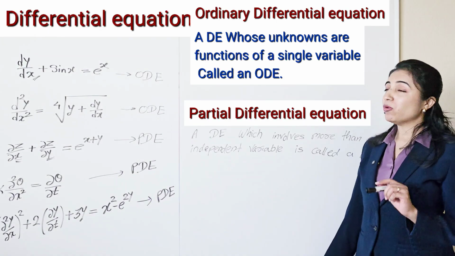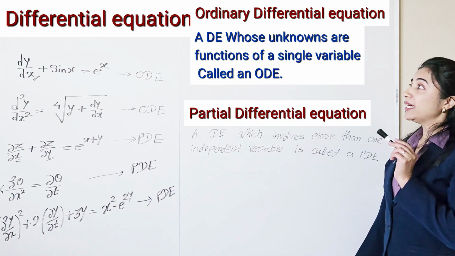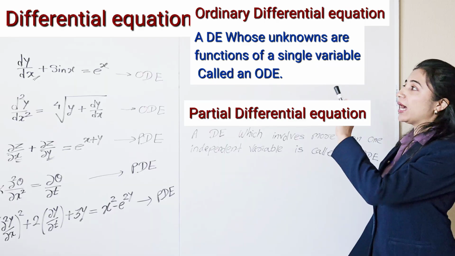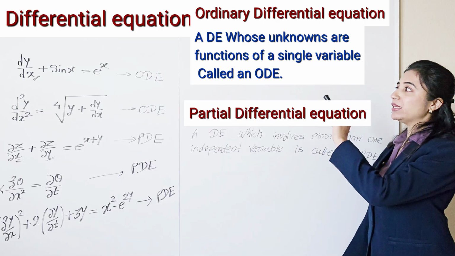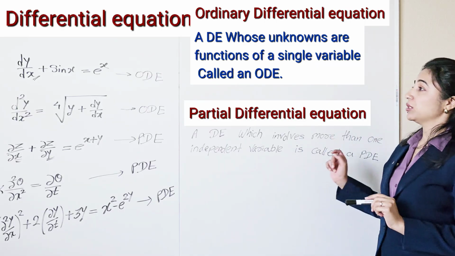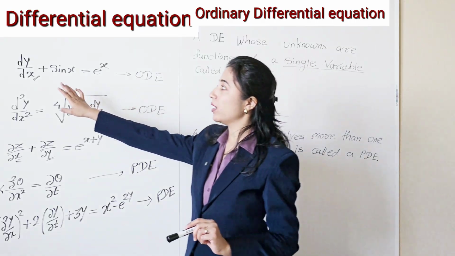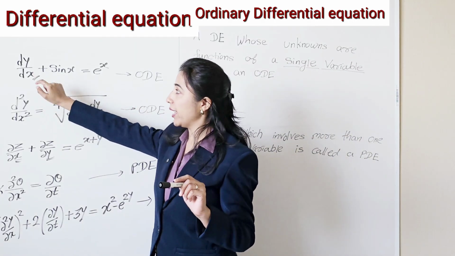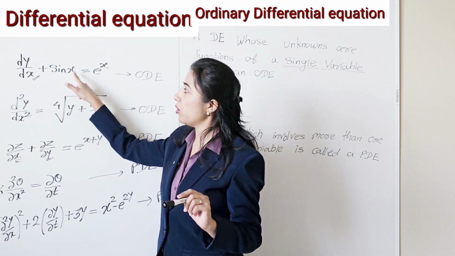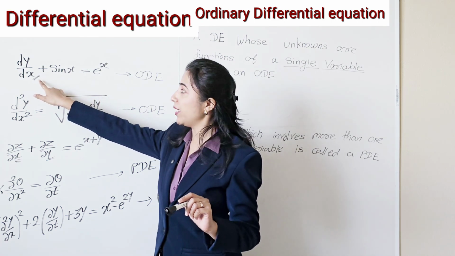Now see the definition of an ordinary differential equation. A differential equation whose unknown is a function of a single variable is called an ordinary differential equation. So they are talking about a function, that is, y is a function and it depends on only a single variable x.